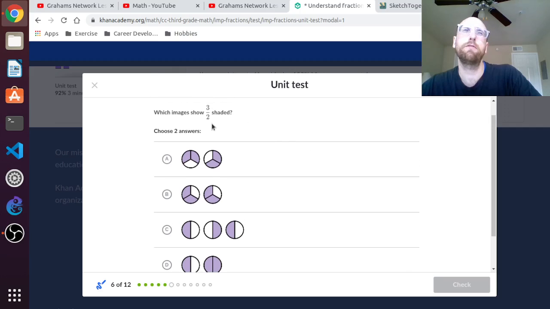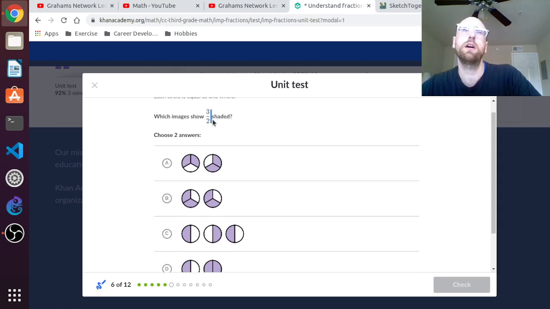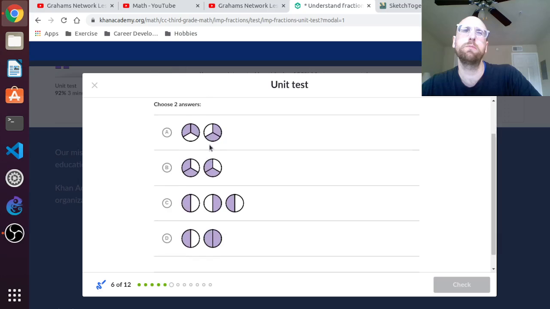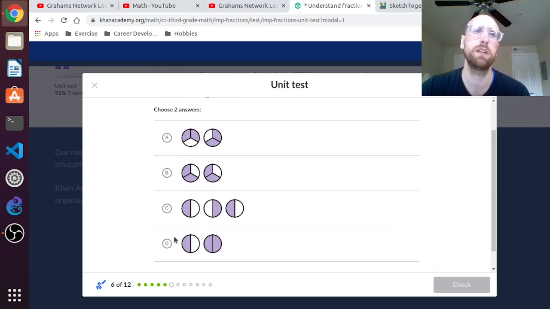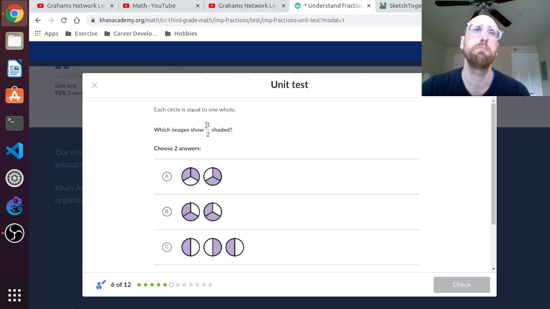And then each of our wholes are going to be split into 2 halves. That's what this 2 means. So we know that A is not correct because each of our wholes is split into 3 parts. B is not correct either because each of our wholes is split into 3 parts as well. So our answers are between C and D, where each of our wholes is split into 2 parts.